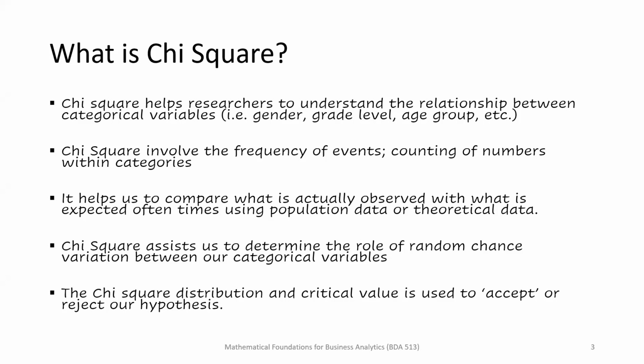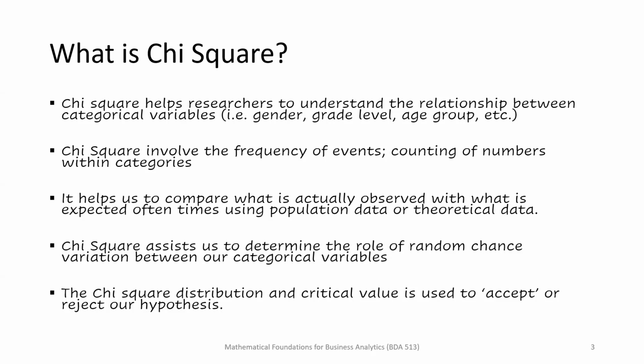So it involves frequency of events. We look at how events occur within categories, and then we compare the two to see whether there is a relationship. Here we look at observed frequencies as well as expected ones. It helps us to determine the role of random chance variation between categorical variables.